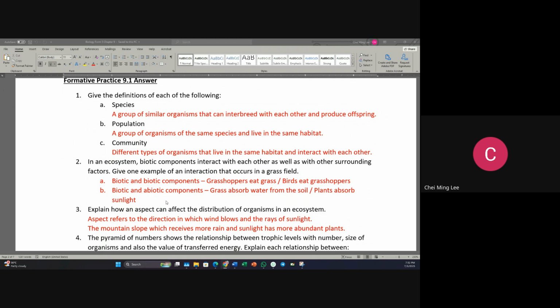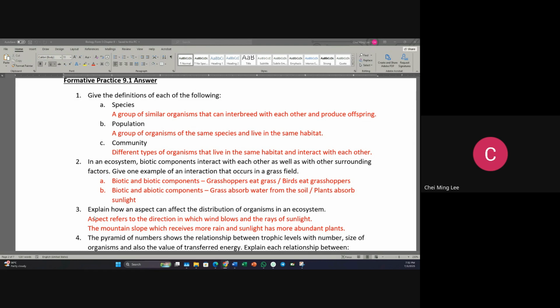Now, number 3. Explain how aspect can affect the distribution of organisms in an ecosystem. Aspect refers to the direction in which wind blows and the rays of sunlight.